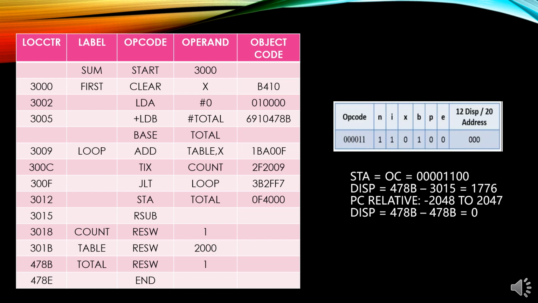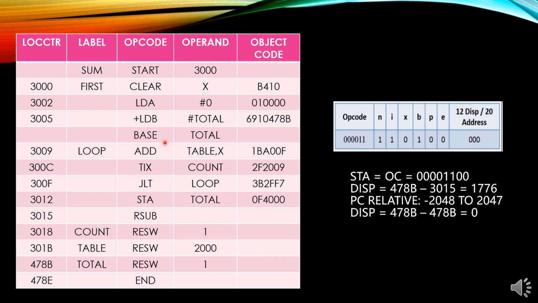The next instruction is STA total. The opcode is STA and total is the operand. Opcode for STA is 0C, so we take the first 6 significant bits, that is 000011. And then N and I are set to 1 since it's not immediate and indirect mode. X is set to 0 since it's not indexed addressing mode. And this is base relative addressing mode, so B is set to 1 and P is set to 0.